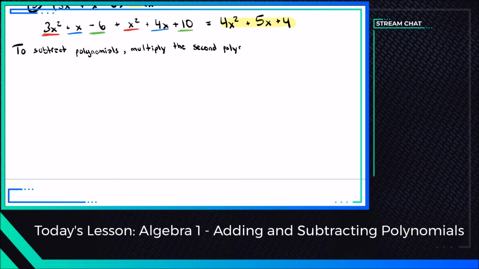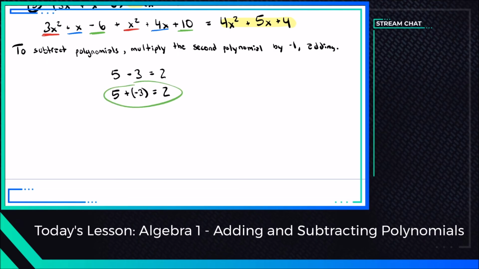And the reason why we're multiplying the second polynomial by a negative 1 and then adding is because that's actually what you're doing when you subtract. So just real quick, taking aside, if we look at like 5 minus 3, right, that is equal to 2. 5 plus a negative 3 is also equal to 2. So to subtract our two polynomials, we're going to take this second route right here. We're going to multiply everything by a negative 1 and then add.